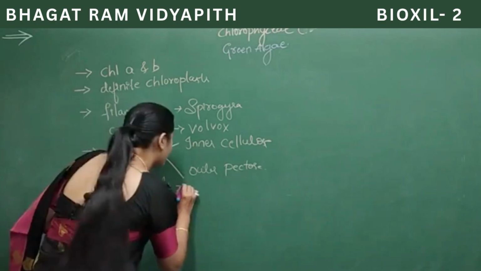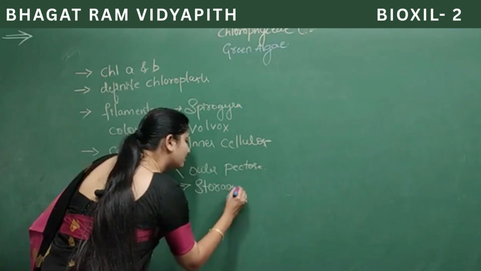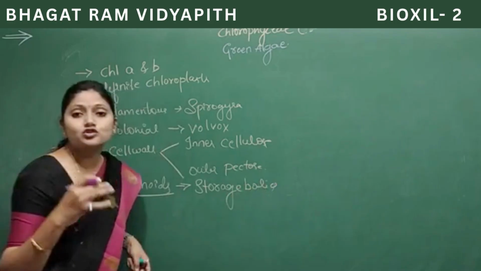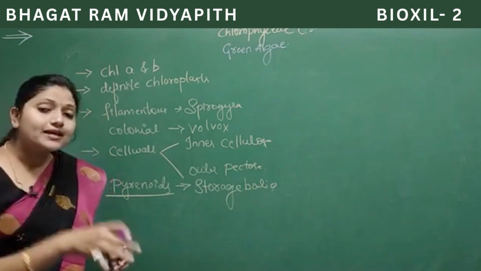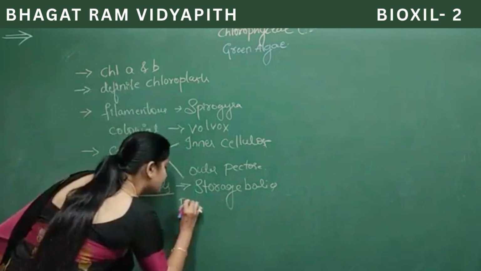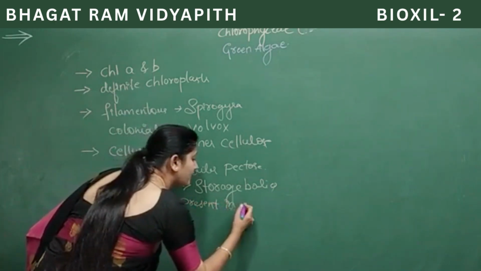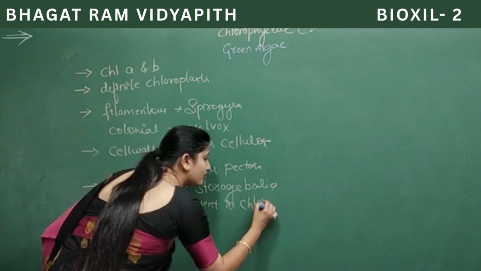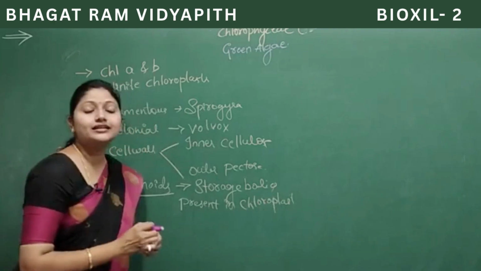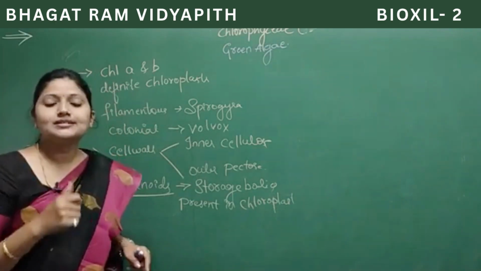Pyrenoids are the storage bodies, and these are present in the chloroplast. What do these pyrenoids contain?